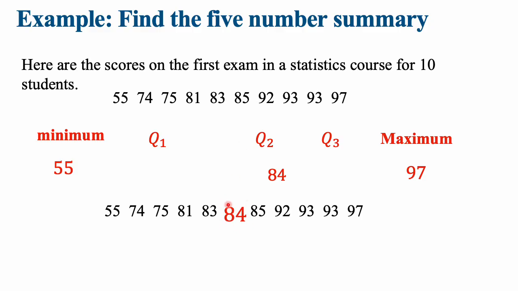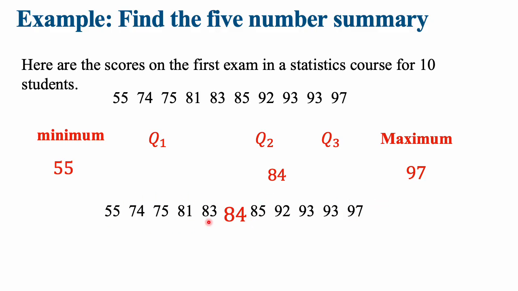Now, after you find the median, you split this data set into 2 parts. The first part has 5 data values. The second half also has 5 data values.